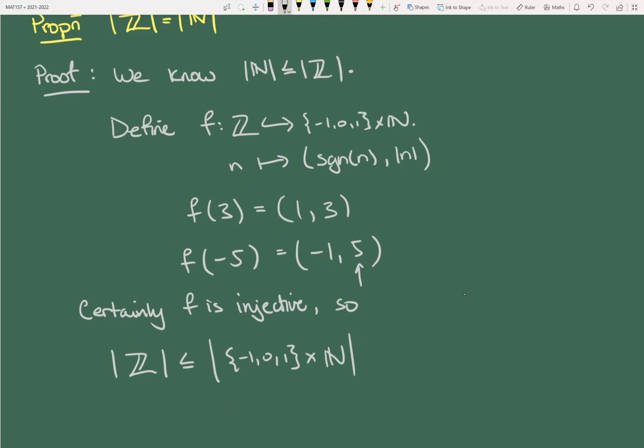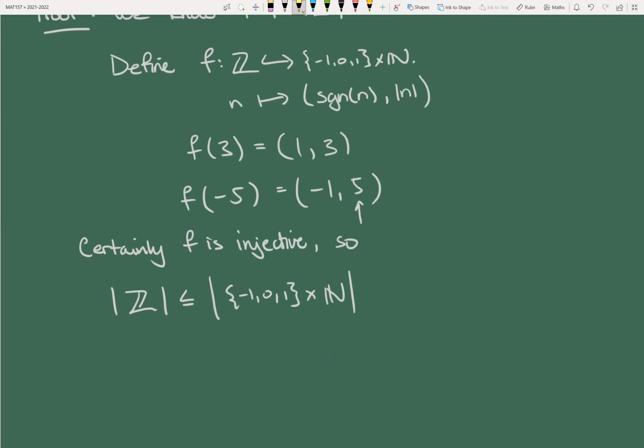So we get that that is true. And this is the same thing as the union of 3 copies of N. Okay, so this is the union. No, actually, this is just equivalent to, maybe let me write it like this.